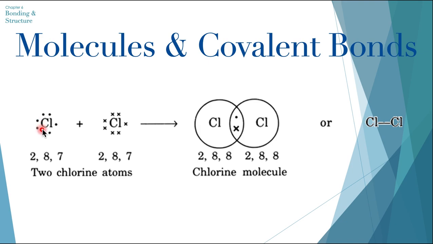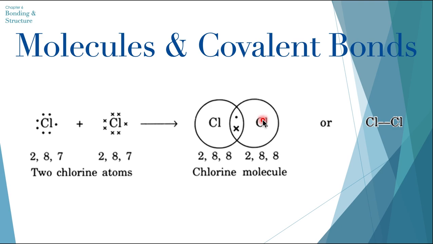We have 6 electrons and 1 electron which is alone here, and so does this atom of chlorine. So the chlorine atom shares this electron with the other chlorine atom, and this chlorine atom shares its extra electron with the other. In simple words, they both share one of their electrons with each other and form a stable octet. So they share one electron, something like this, as you can see.